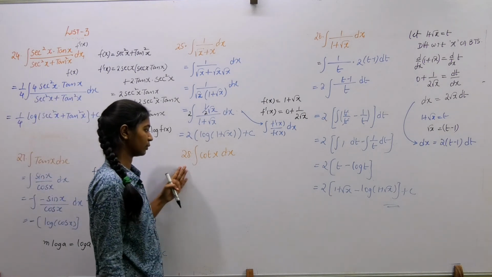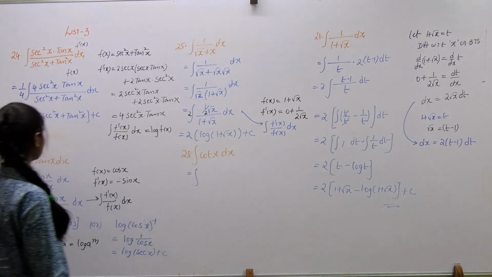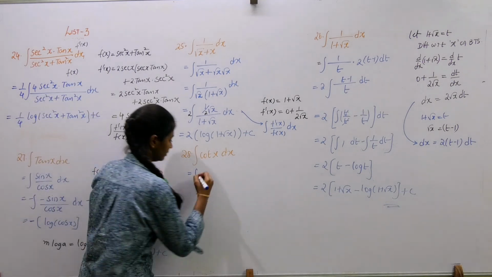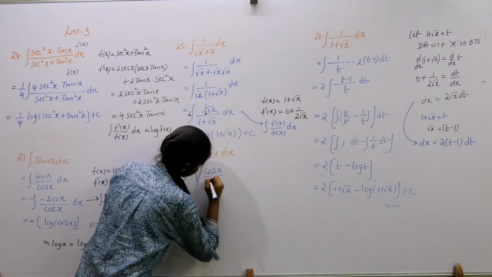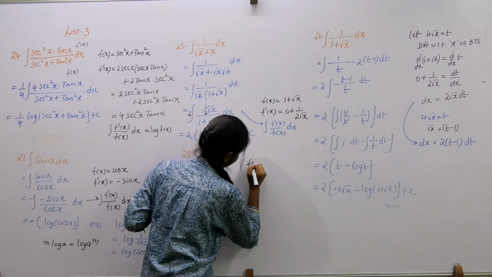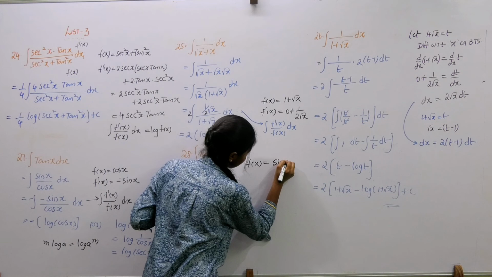Next, 28th one. Integral cot x dx. This is similar to the 27th one. Here, we have cot x value. It is cos x by sin x. Now, let f of x equal sin x.